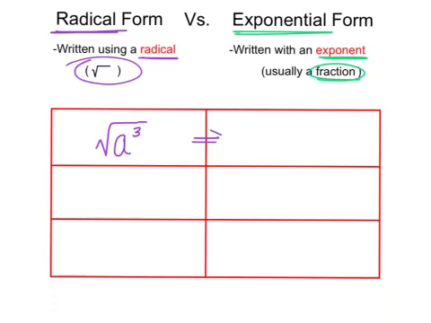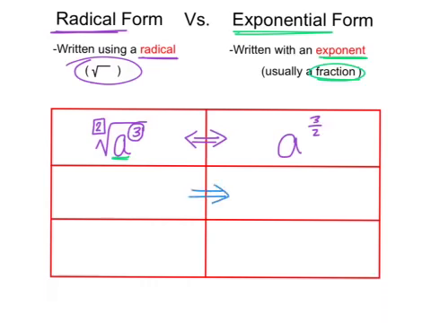Well, if we change it into exponential form, our base will be a, because that's our base in here. Our exponent is the exponent over the index. Nothing's written, so we know it's a 2. So it's going to be a to the 3/2.